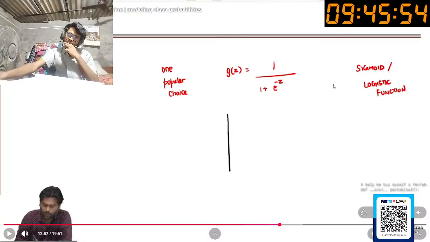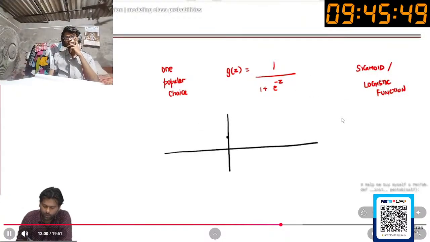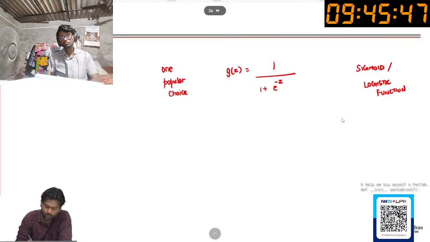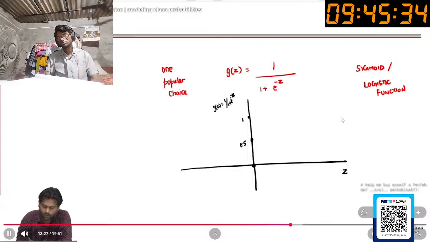So this is going to take a value of 0.5. Maybe I'll draw. These are probabilities, so it's never going to take a negative value. As you can see, it's e power something, so it's always going to be positive, and 1 divided by 1 plus e power something will always be a positive quantity. So it will take a value of 0.5 when z is 0. So this is z. This is g of z equals 1 by 1 plus e power minus z. And here is 1.